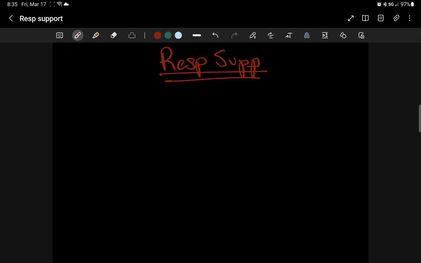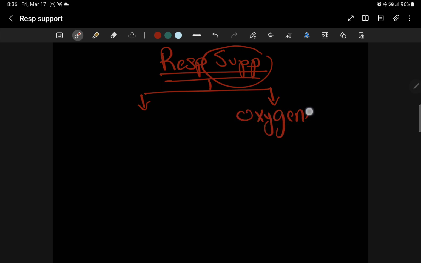So you're saying hypoxic. That means when you're looking at respiratory support, you're looking to support one of 2 functions of the lung: whether we are supporting oxygenation or we are supporting ventilation, right?